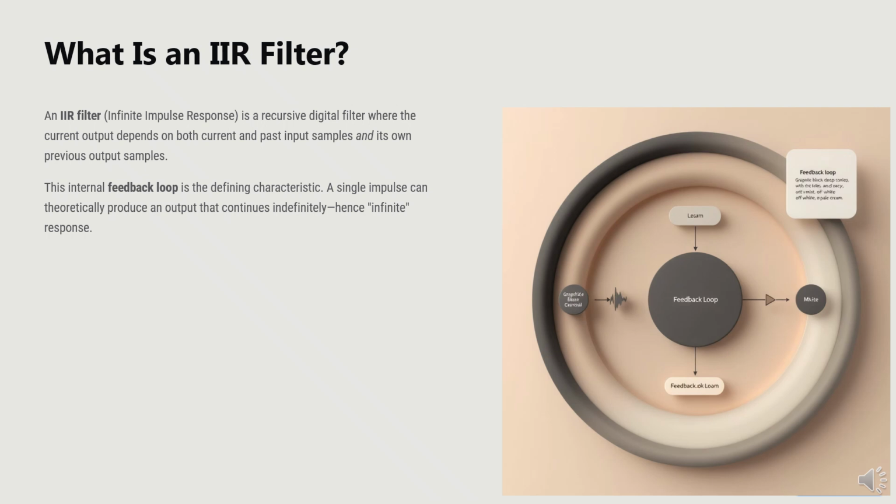So if you give it an impulse, the impulse will continue to generate output, because every time, the output that is generated will be a part of that impulse. For example, take a physical example: if you clap in a room, the walls will echo your clap.